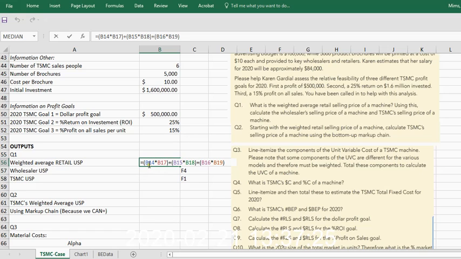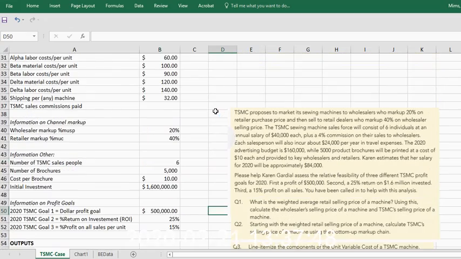Here's the equation where we have the alpha sales price times the alpha's percentage of sales plus the beta's sales price times the beta's percentage of sales plus the delta's sales price for that sewing machine times the delta's percentage of sales. So I can scroll up here and show you.